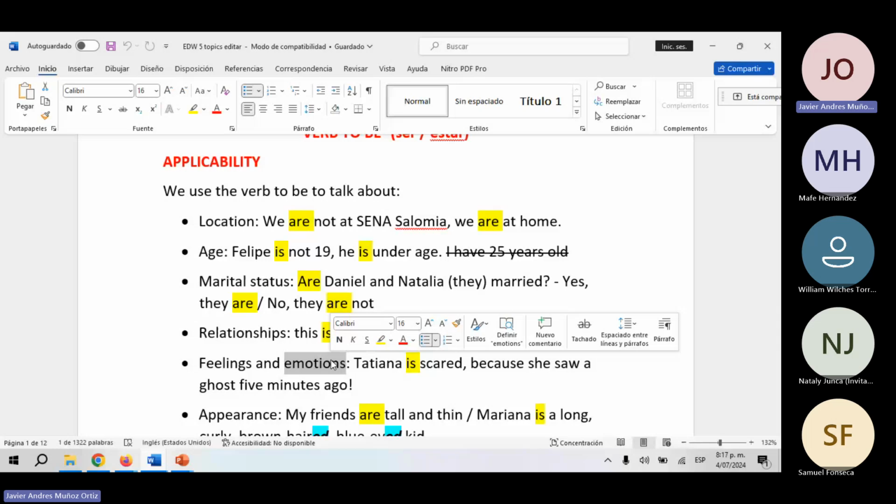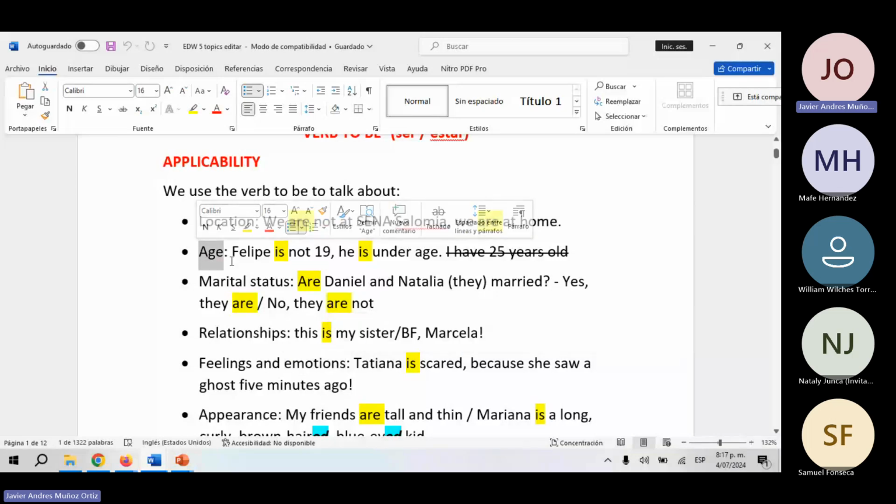The same reasons why we use verb to be in Spanish are the same reasons why we use verb to be in English. What's the only difference between Spanish and English? That we are going to use verb to be to talk about age.